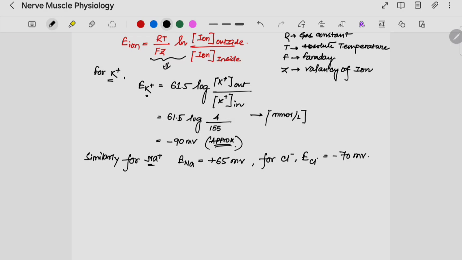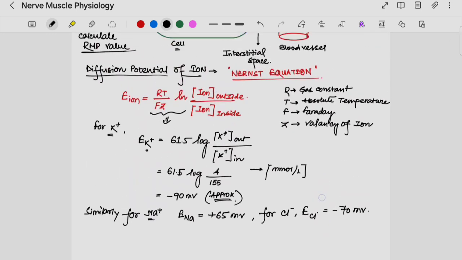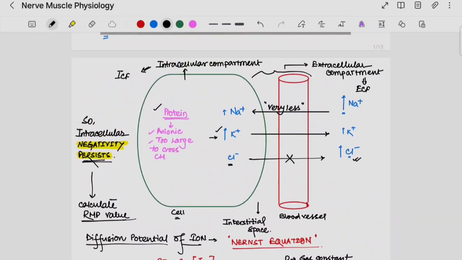So potassium is minus 90 millivolt, sodium is plus 65 millivolt, and for chloride, it is minus 70 millivolt. Now we previously talked about the permeability of the sodium ion. Sodium ion is much less permeable when it comes inside the cell than potassium ion going outside of the cell.